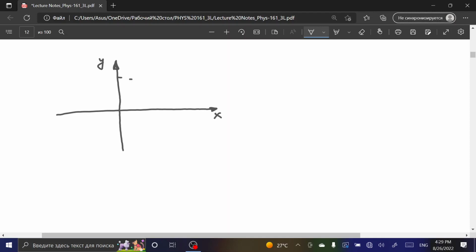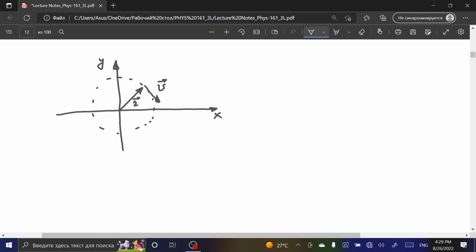Here we have this circle, more or less a circle. Here is our radius vector, just r vector. Here is our linear velocity vector. They are perpendicular to each other.